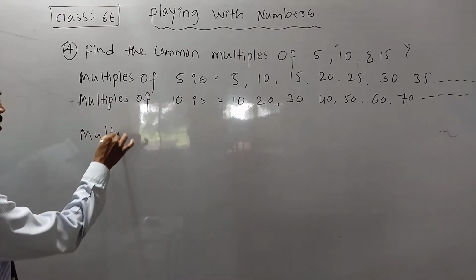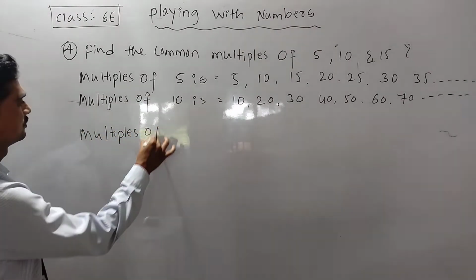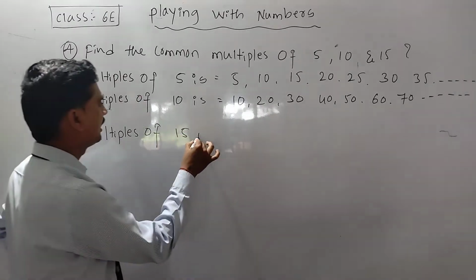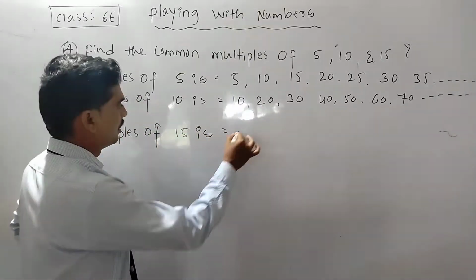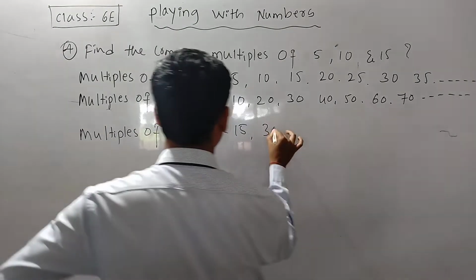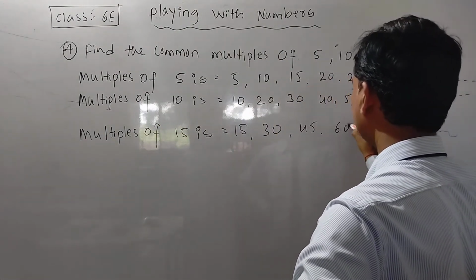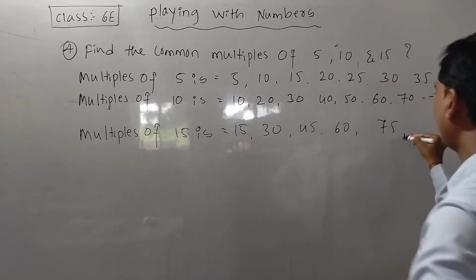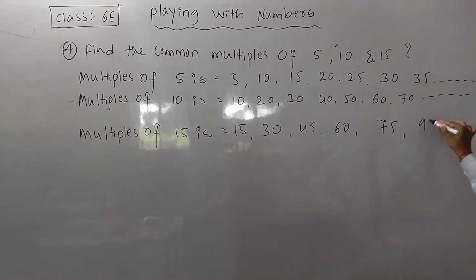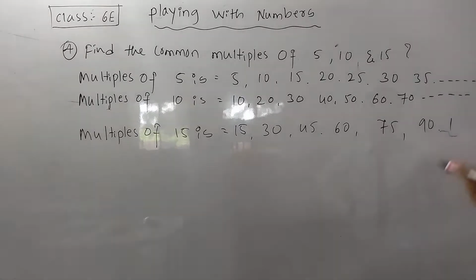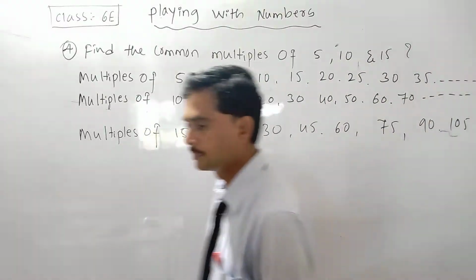Then multiples of 15 are 15, 30, 45, 60, 75, 90, and next 105, and so on. So many are there.